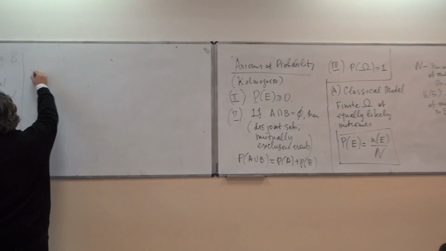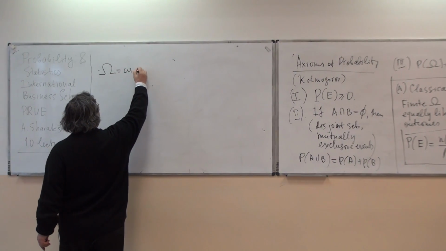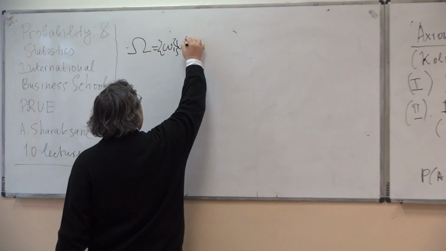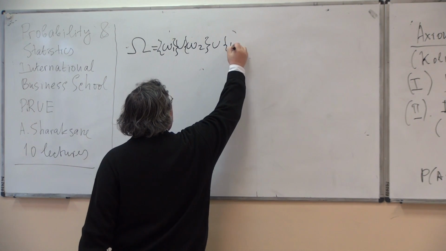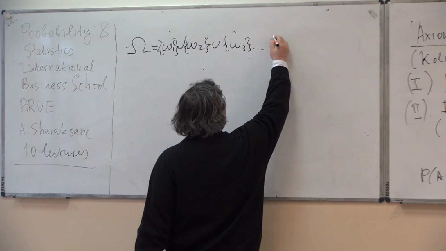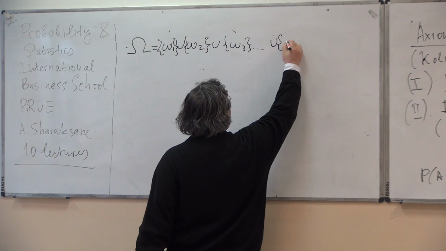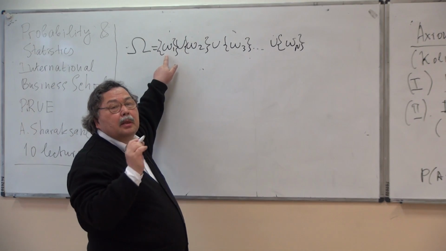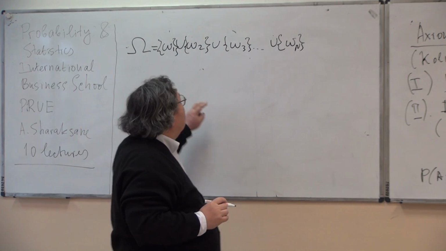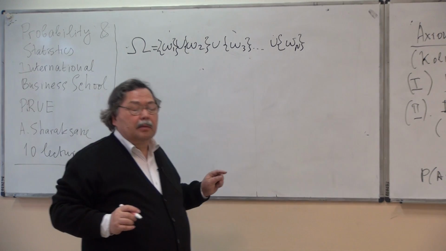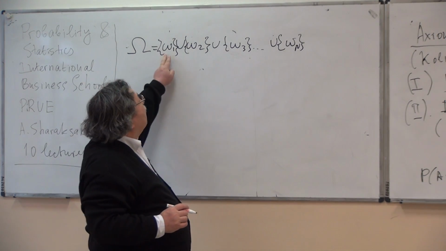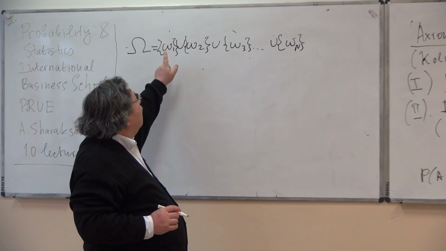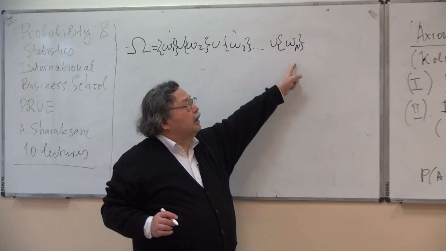So we can write this. This is the little letter, Greek omega. What I write here means this. Omega consists of these possible outcomes. Okay? Outcome 1, outcome 2, outcome 3, and outcome N capital.